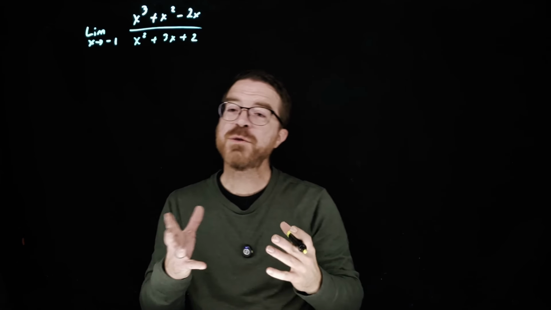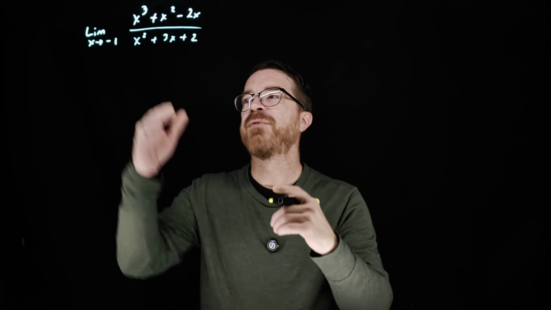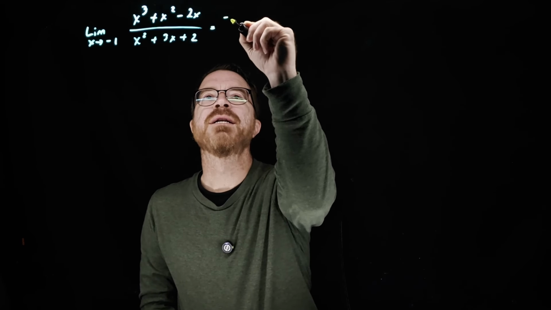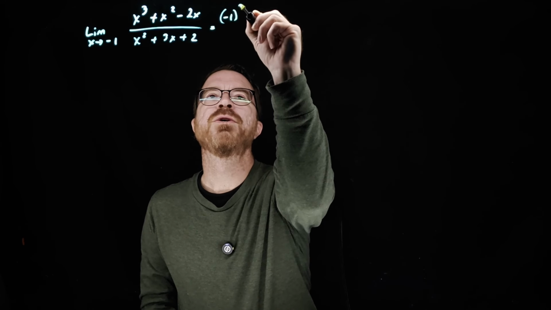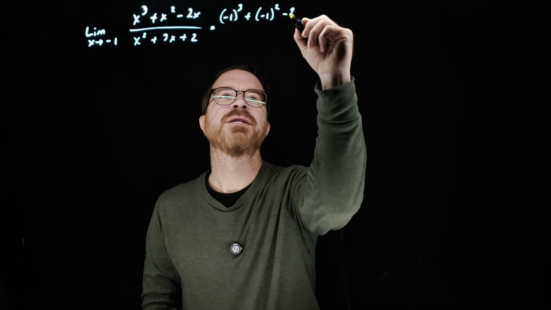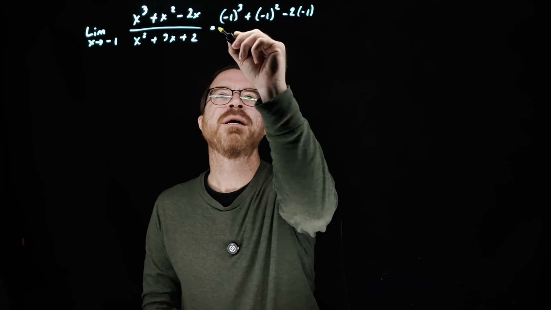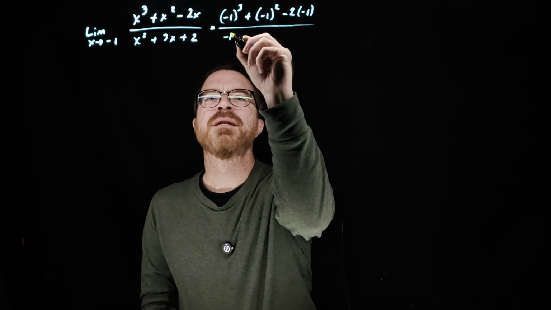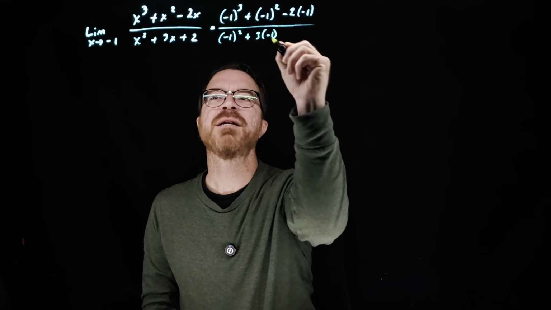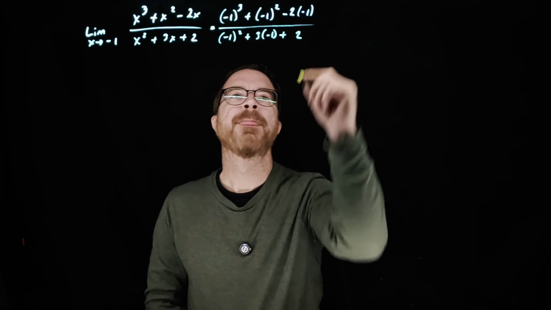So the first thing we need to do is evaluate this limit. If I were to plug in negative 1 into every x, let's see what we get. I get negative 1 cubed plus negative 1 squared minus 2 times negative 1, divided by negative 1 squared plus 3 times negative 1 plus 2.